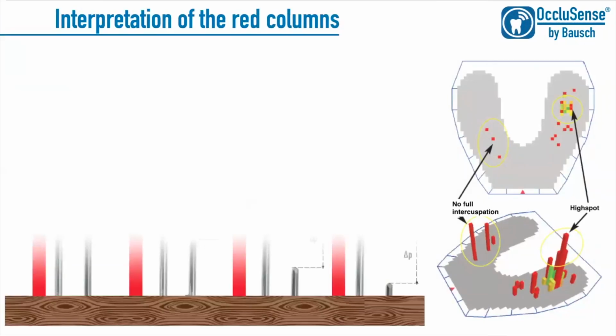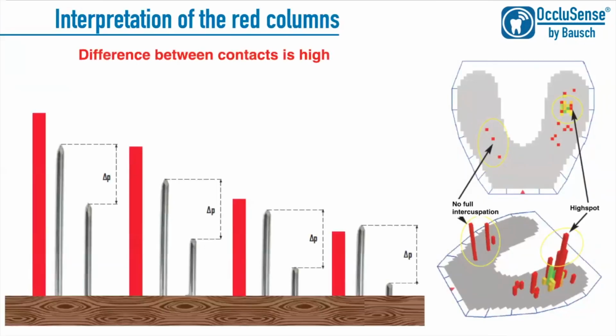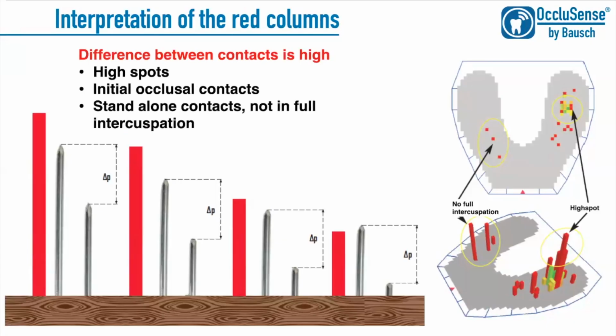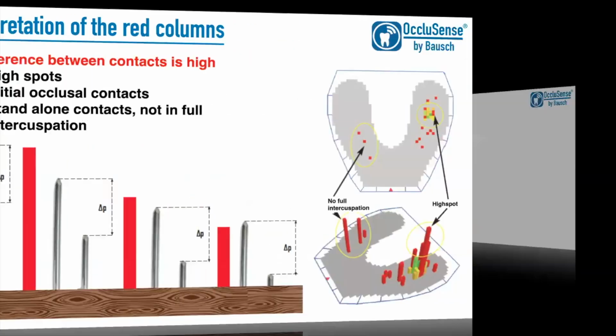In the dental world, or the world of the mouth, this means that when the difference between contacts is high, we're talking about high spots, initial occlusal contacts, or standalone contacts that are not in full intercuspidation.